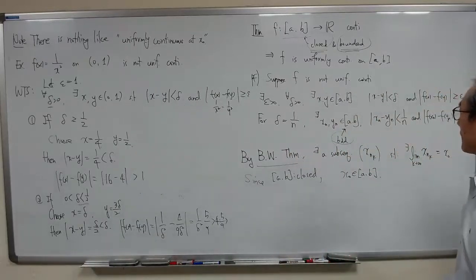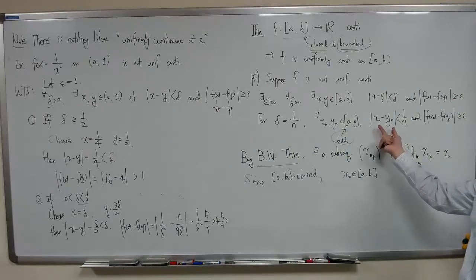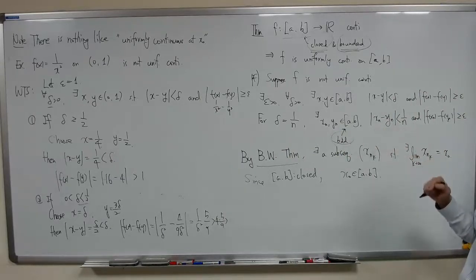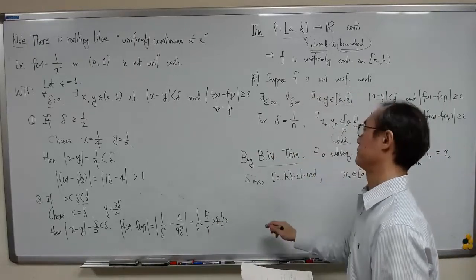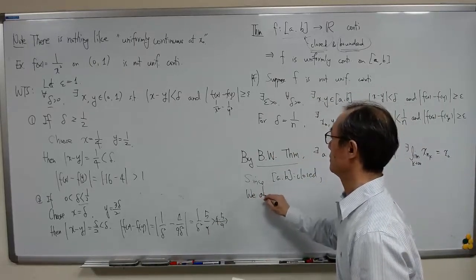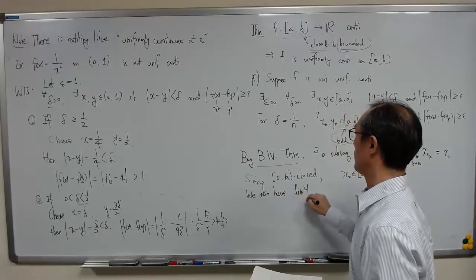Okay? And the distance between xn and yn gets smaller and smaller, which implies this yn also converges to the same limit. Okay? We also have the convergence limit of yn.